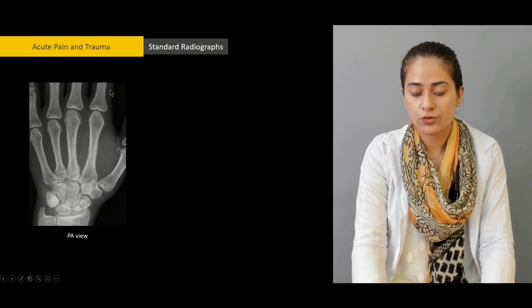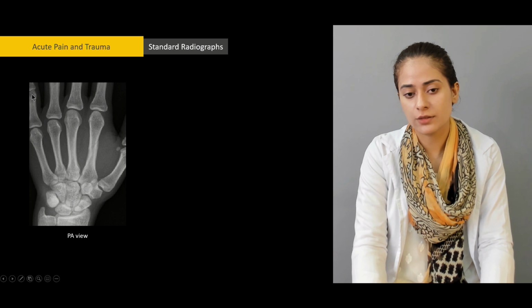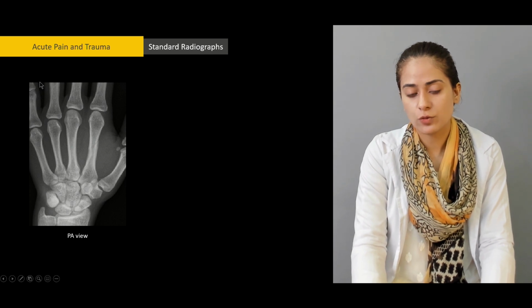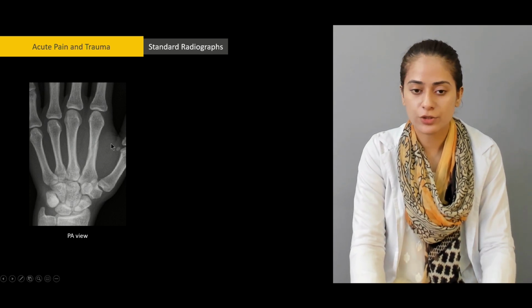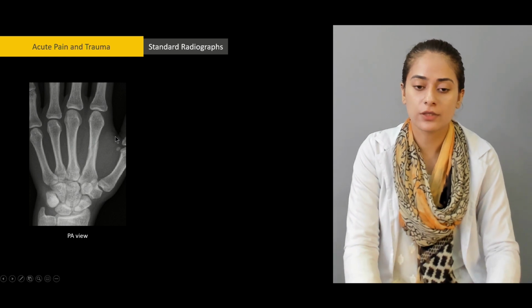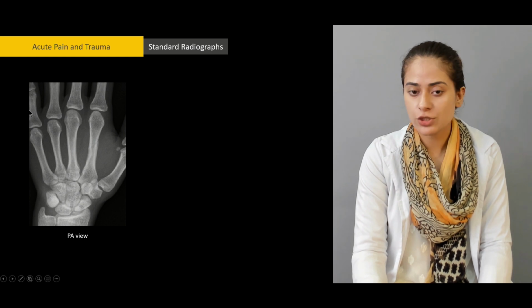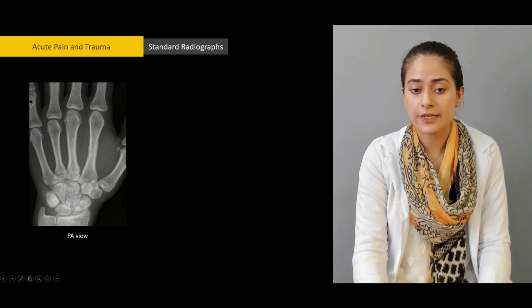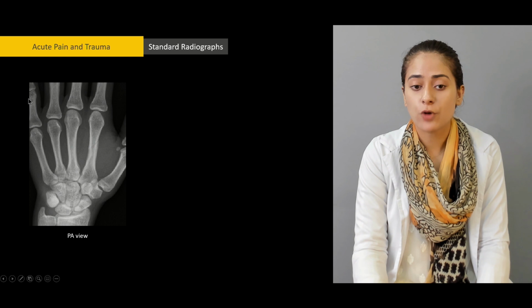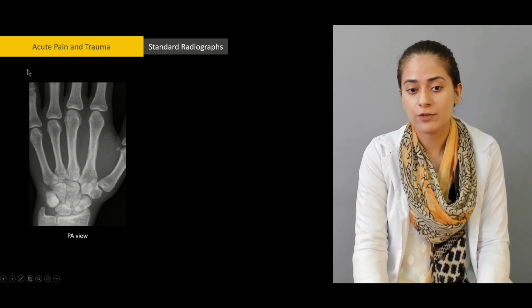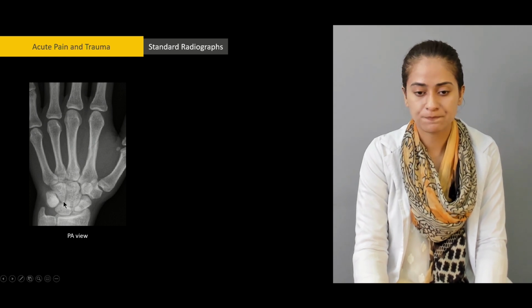This is the first row of phalanges. Only one is visible; the others are not visible in this picture, but we'll discuss them in later radiographs. This is the interphalangeal joint, the proximal interphalangeal joint, and then we have a distal interphalangeal joint as well.